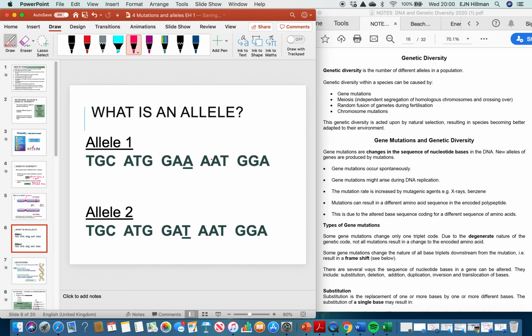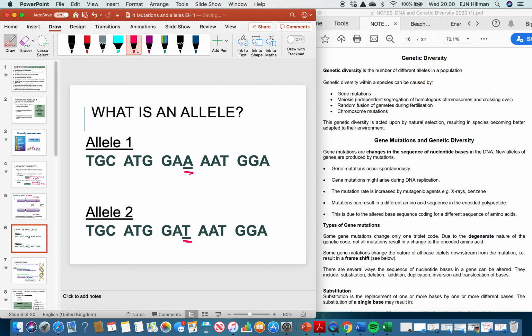Okay, so let's demonstrate that in a different way. Here we can see a sequence of nucleotide bases, allele number 1, and a sequence of nucleotide bases on allele number 2. We can see here this adenine present on allele number 1 is replaced by thymine on allele number 2.